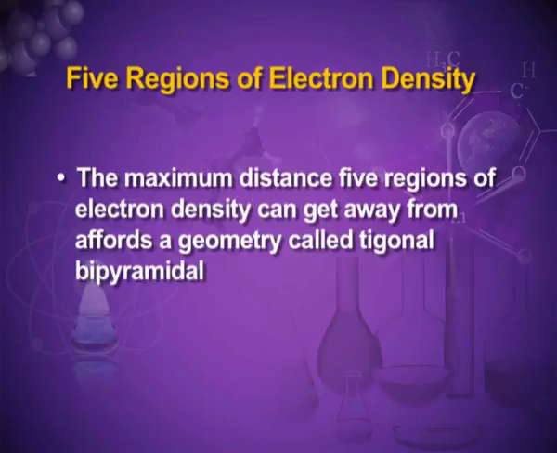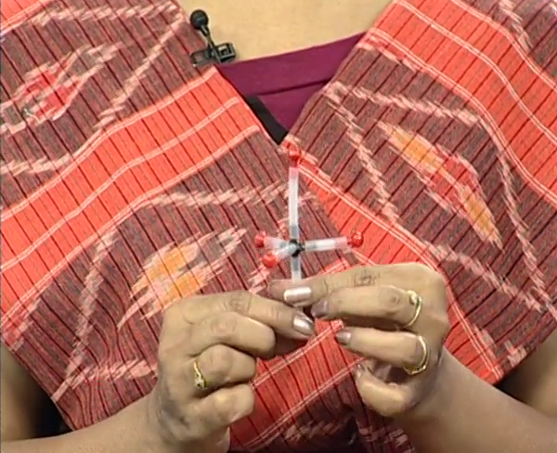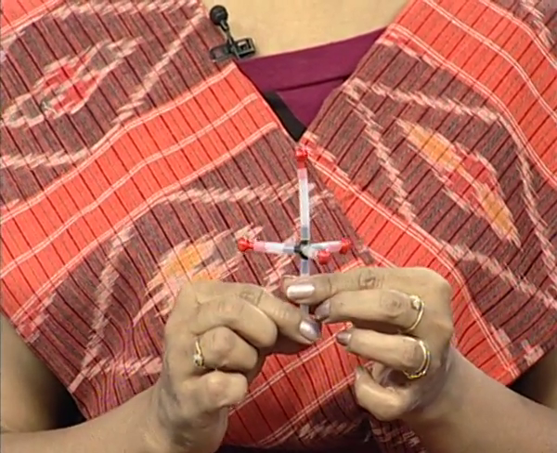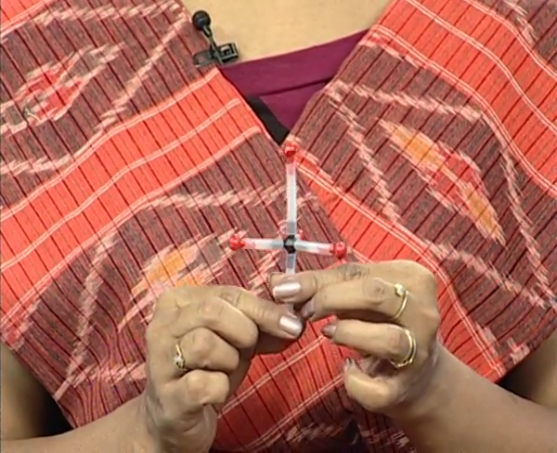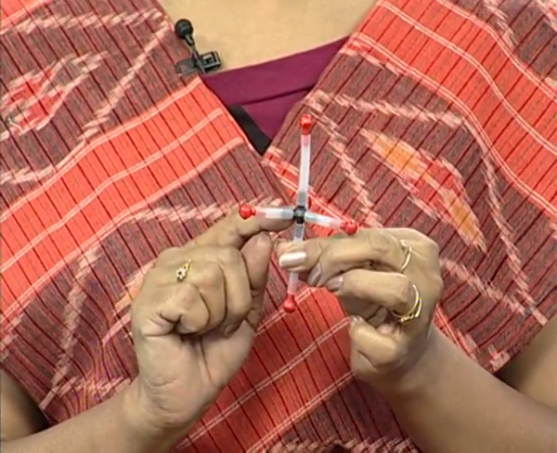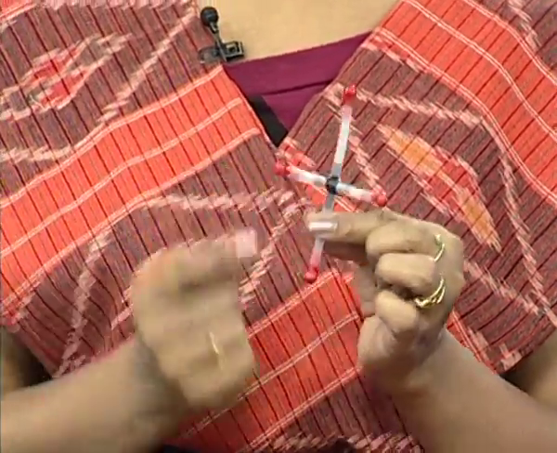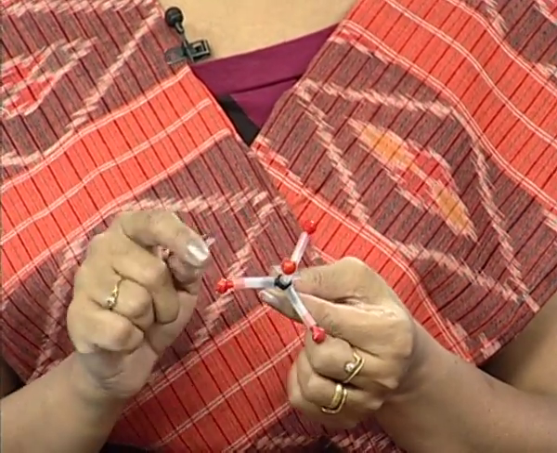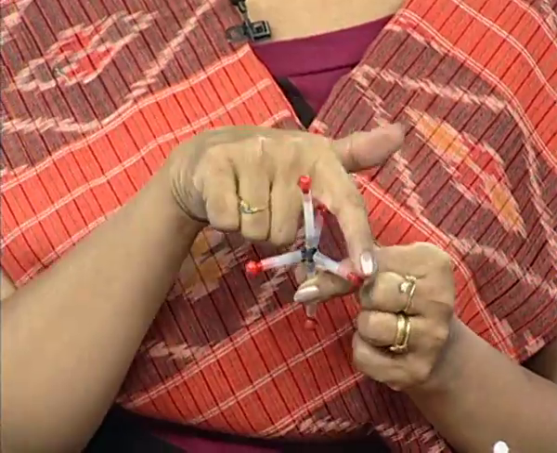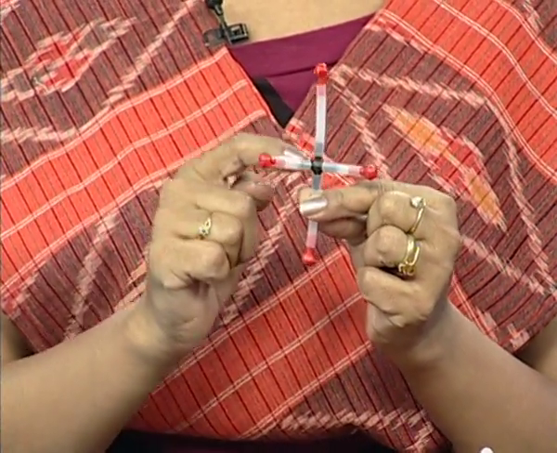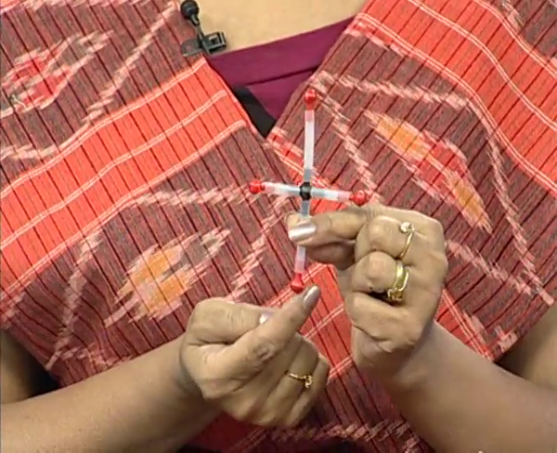Now, the next case is the 5 regions of electron density. The maximum distance 5 regions of electron density can get away from each other affords a geometry called trigonal bipyramidal. Now, this is an ideal trigonal bipyramidal. Example is phosphorus pentachloride. This black atom is phosphorus and these red atoms are chlorine. Now you can see this, the 3 chlorine atoms are in one plane and the 2 chlorine atoms are one above the plane and the other below this plane.